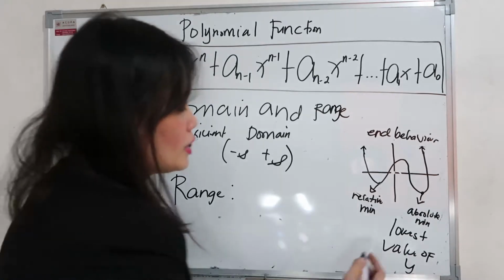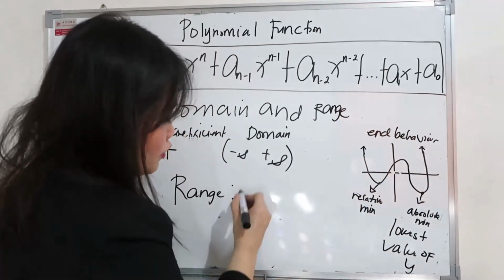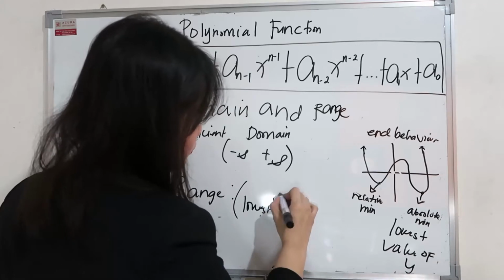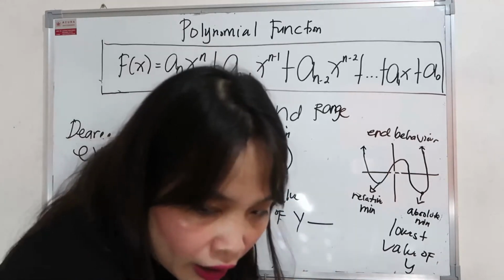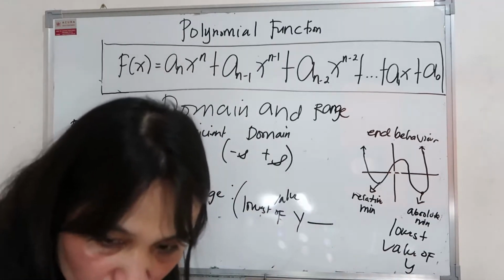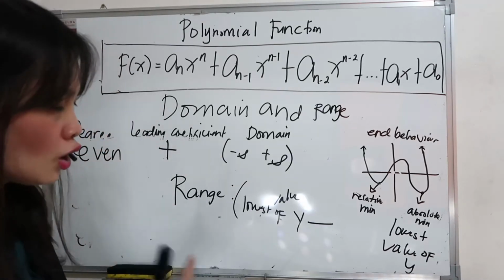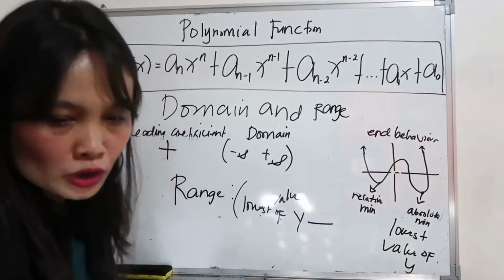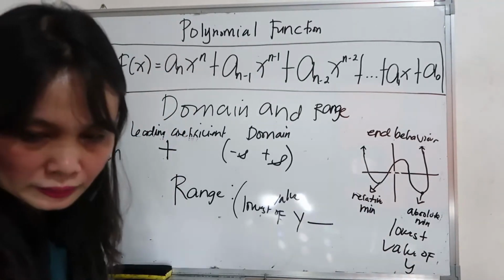So from the lowest value of y going to where? Based on the graph, to determine the range, from the lowest value of y going to where?